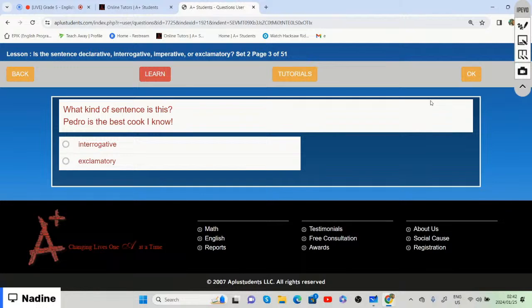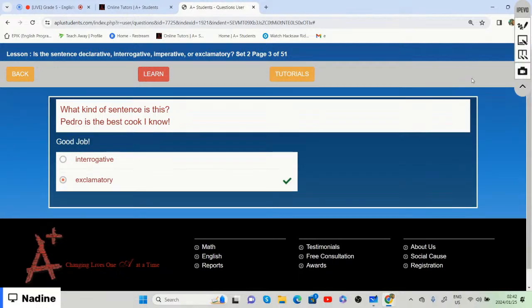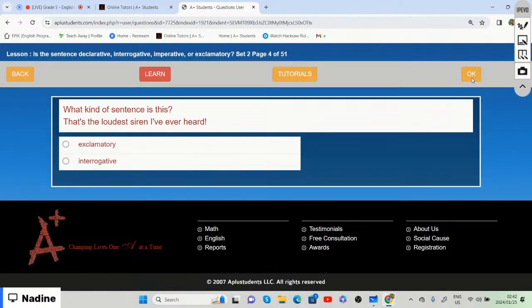So if Pedro is the best cook and it ends with an exclamation mark, then it should be an exclamatory sentence. And well done, exclamatory is correct.